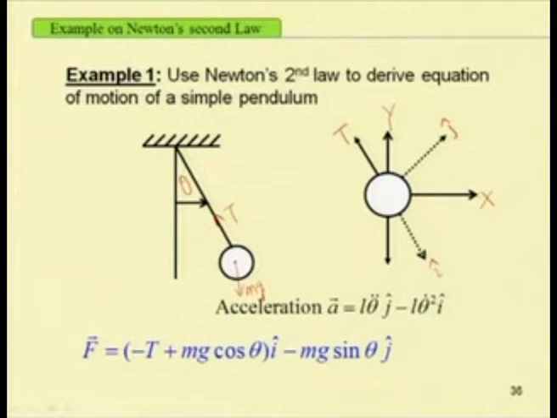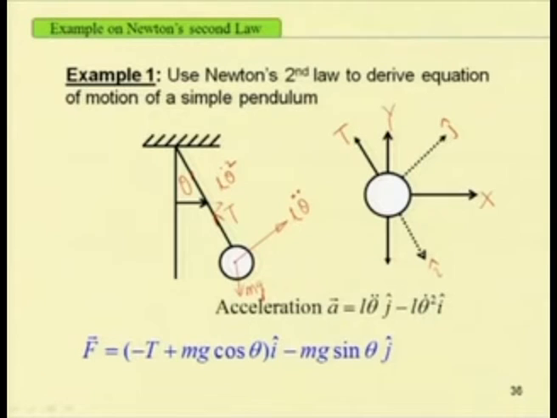If it is rotating by an amount theta, it has a tangential acceleration, equal to L theta double dot, and another term which is towards the center of rotation, that is equal to L theta dot square.